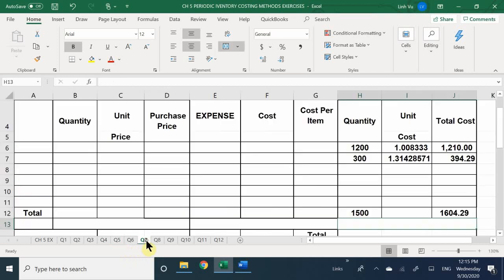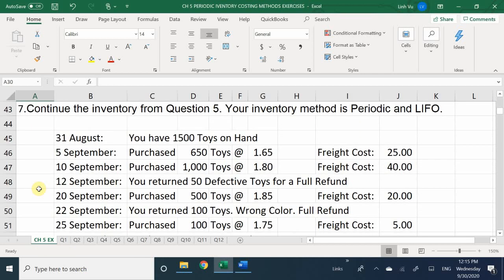So now we may begin our inventory worksheet. So on August 31st, we've completed that. We've had our ending inventory, correct? So now that ending inventory has become beginning inventory.